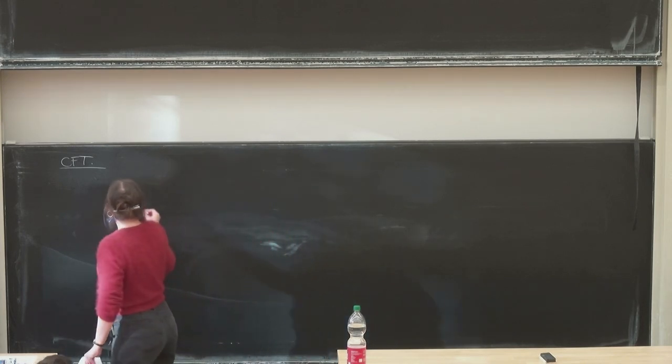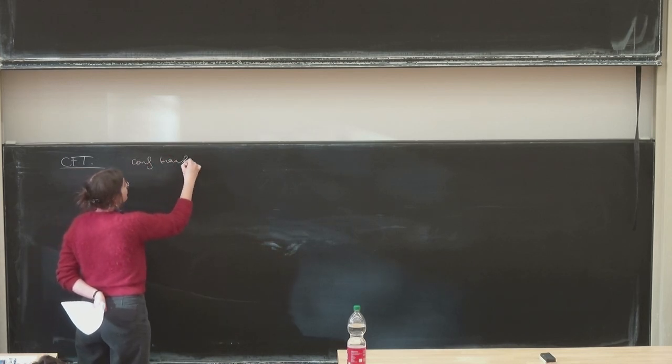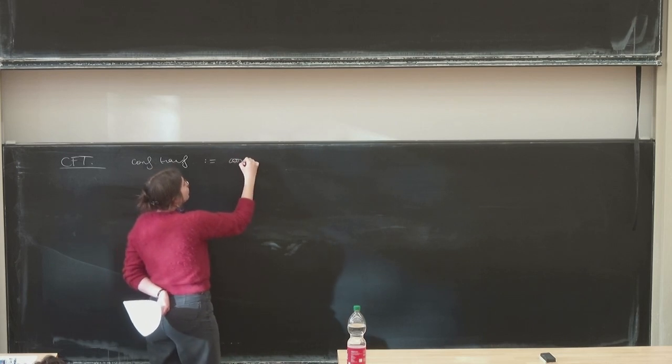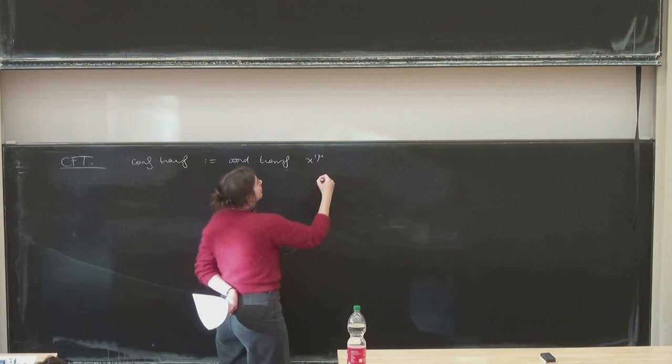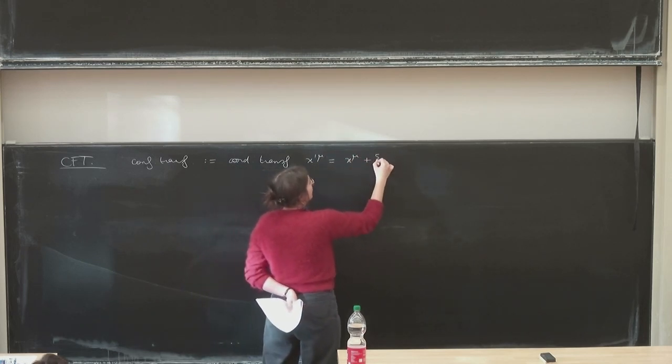So let's start with some definitions. Let's start with the definition for a conformal transformation. A conformal transformation is a coordinate transformation, taking your coordinates x to x prime.